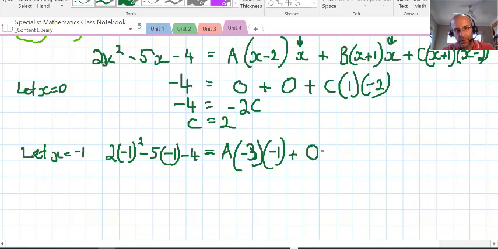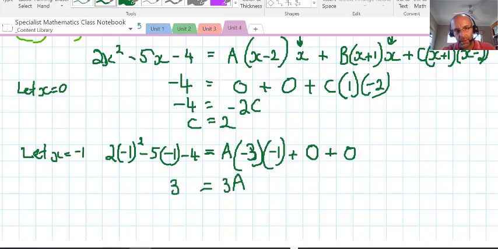It's the same reason as we just saw, and same with c. And this happens with all of them. It's great, isn't it? So we've got 2 by 1 is 2, minus negative 5 is 7, minus 4 is 3. And that equals 3a. So a equals 1.